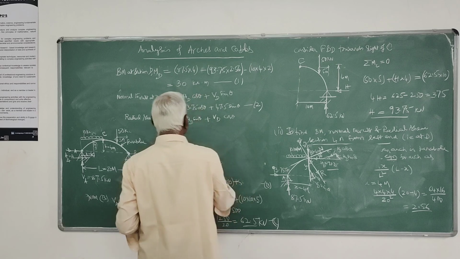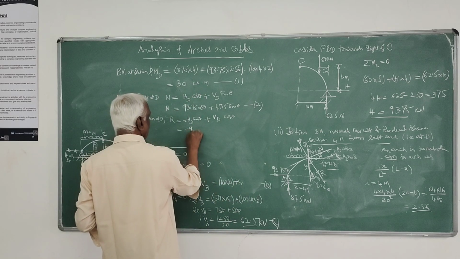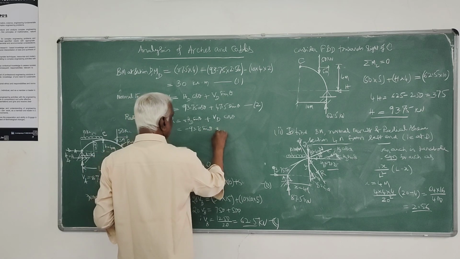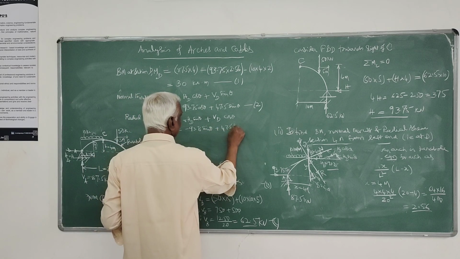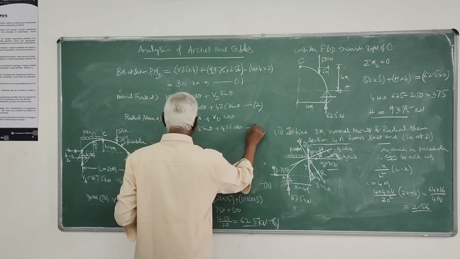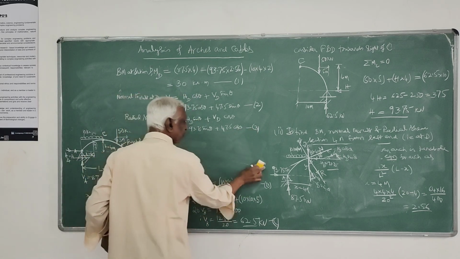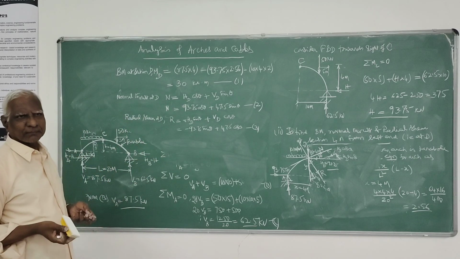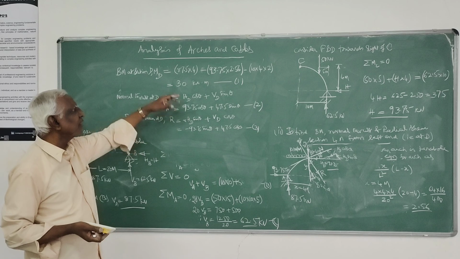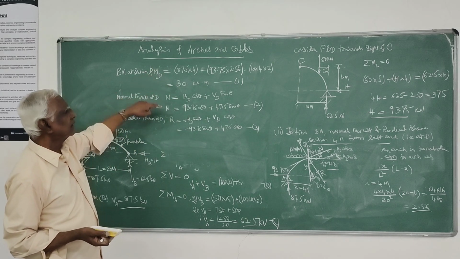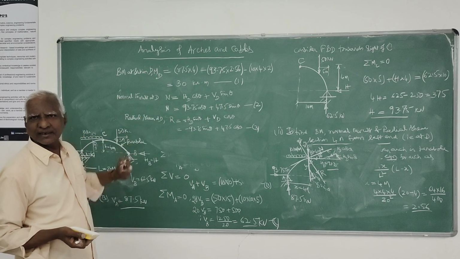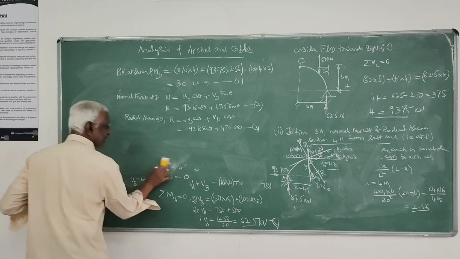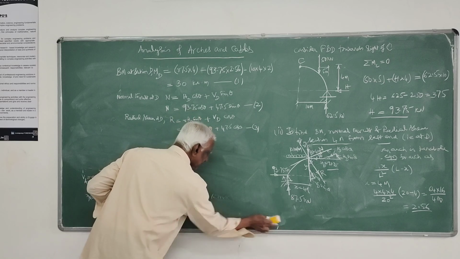So R equals minus 93.75 sin theta plus 47.5 cos theta. That's it. So only theta has to be found. If I determine theta, it's completed. You can substitute theta here and you will get everything: MD, normal force and radial force. Clear? To find theta, I will indicate that.